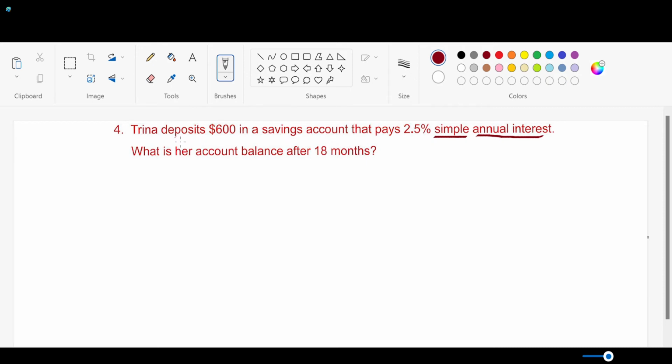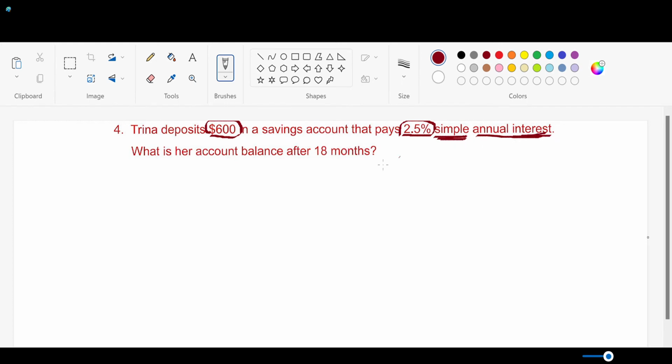Say Trina deposited $600. That's the first very important piece of information for this problem. She deposited $600 into a savings account, and the account pays 2.5% simple interest. The key words here are simple interest.